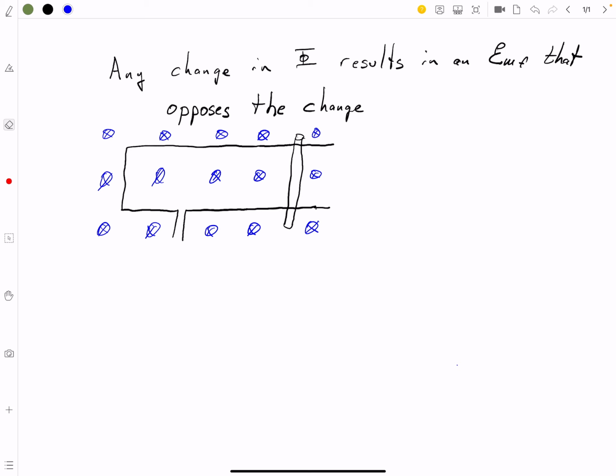All right. We can slide this guy back and forth. What does that do? That changes the area, right?